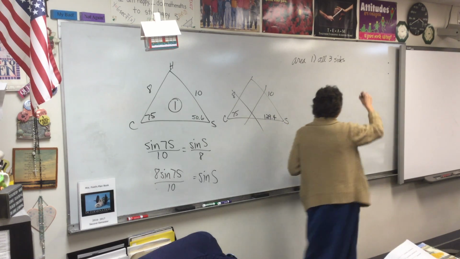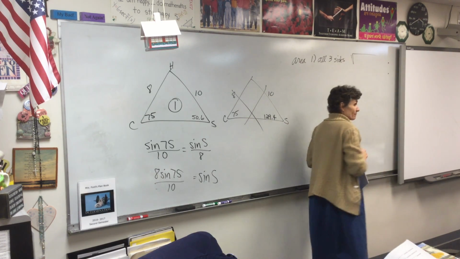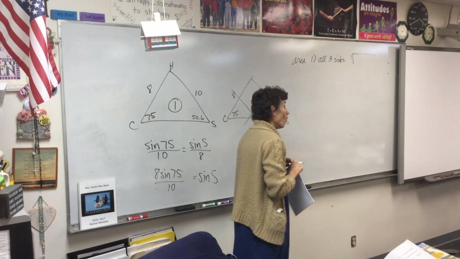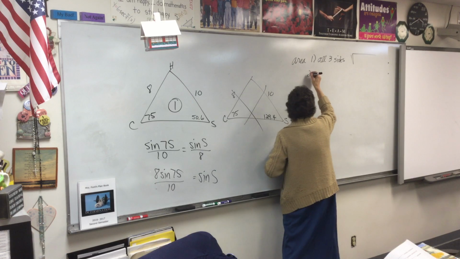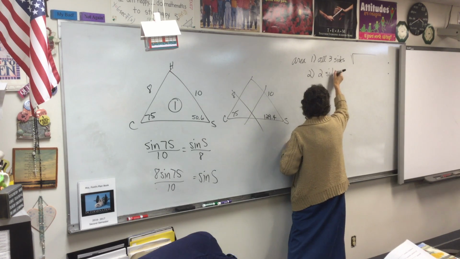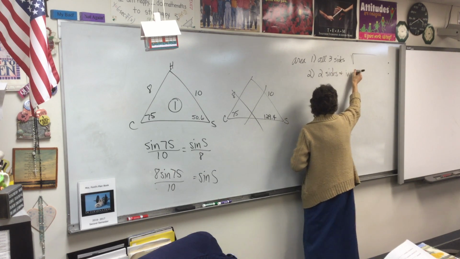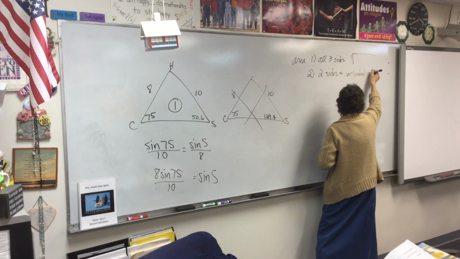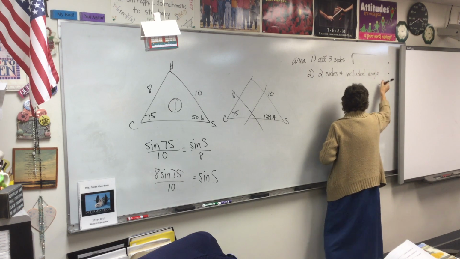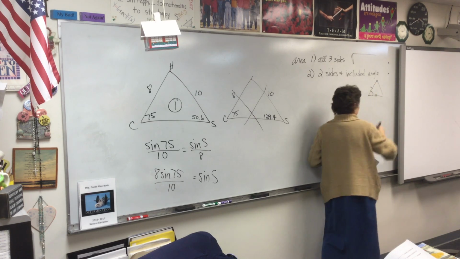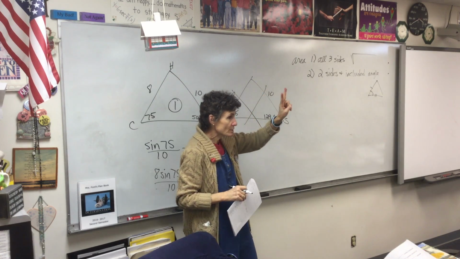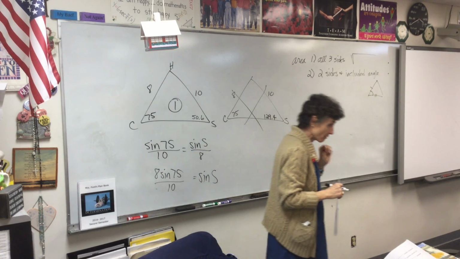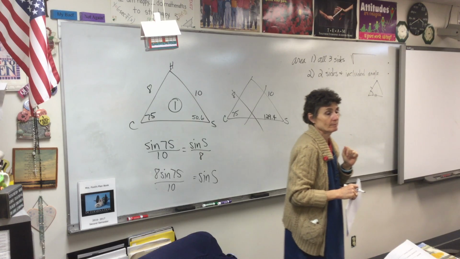That's the one that has the big radical in it, right? Or we want two sides and the included angle. So in other words, we want a situation where we have this side, and that angle. Those are the two situations. When it says area, that's what you want.